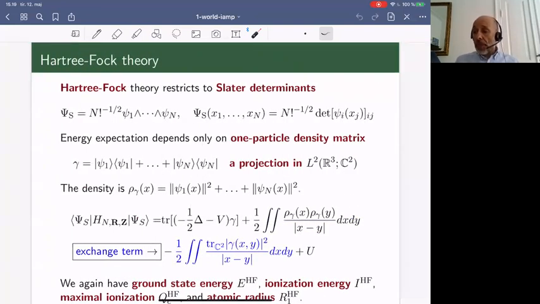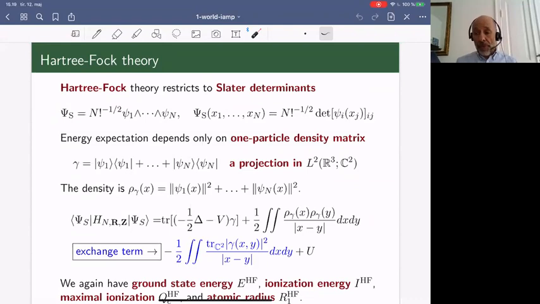Okay, so now let me go to the approximate theories. Let me first take the high-level approximate theory, the Hartree-Fock theory. There you simply restrict wave functions. I mean, the ground state can be extremely complicated. It can have an extremely complicated correlation structure.